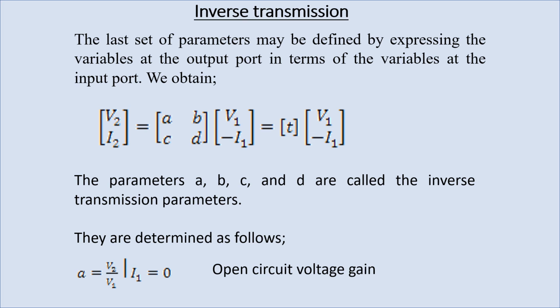When we equate our I1 to be 0, in the first equation, V2 equals a multiplied by V1 minus b multiplied by I1, you get your a to be V2 over V1, that is output voltage over input voltage, provided that your I1 equals 0. That is called open circuit voltage gain.